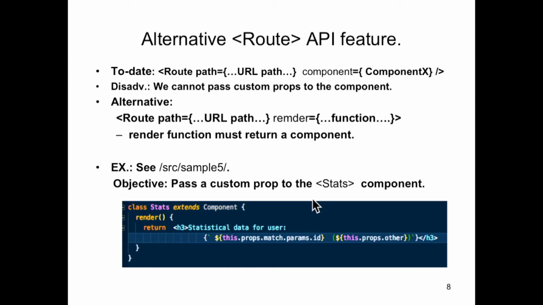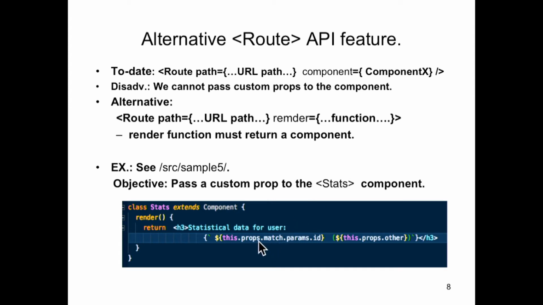And here's my stats component. It's actually this prop here, which I've given a useless name to, other. I want to be able to set the other prop to a particular value, and I'm going to do that inside the function before I actually return the stats component.